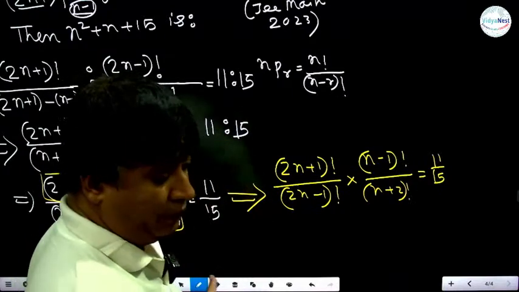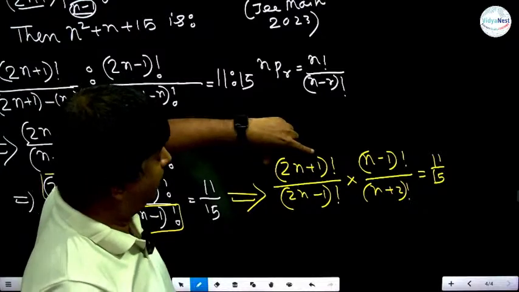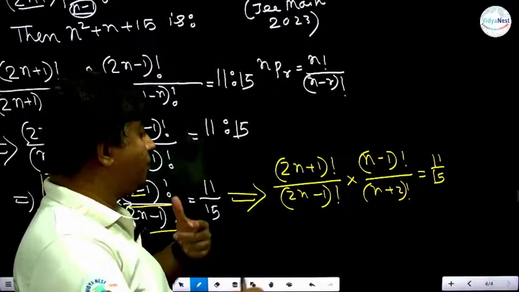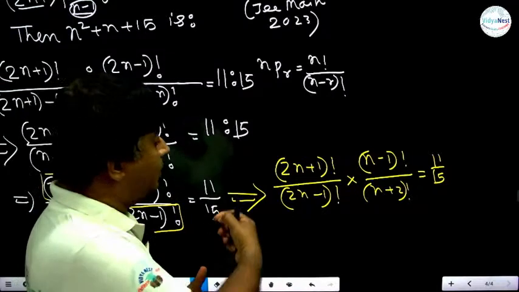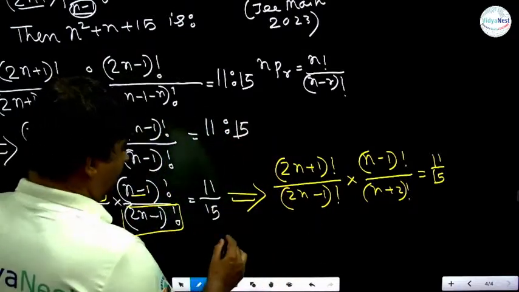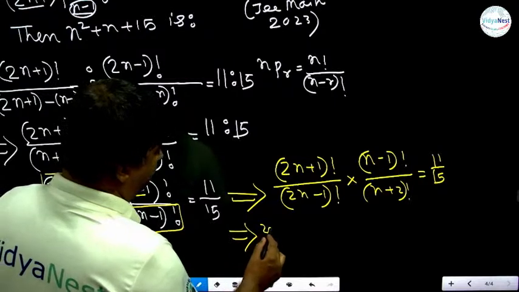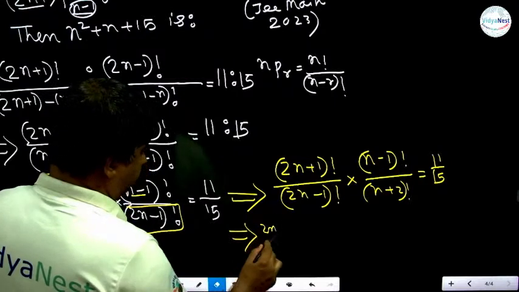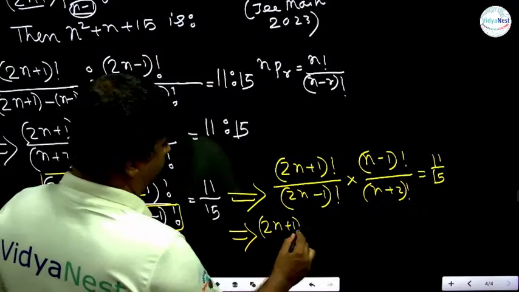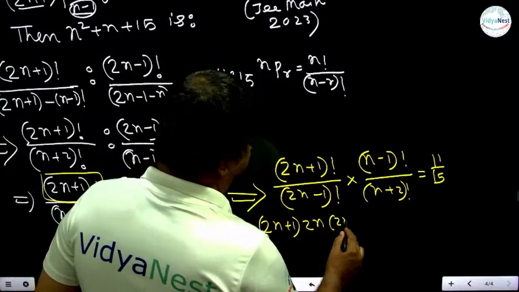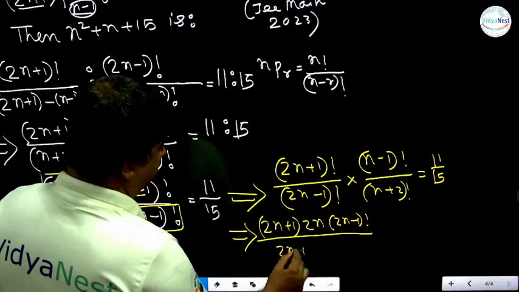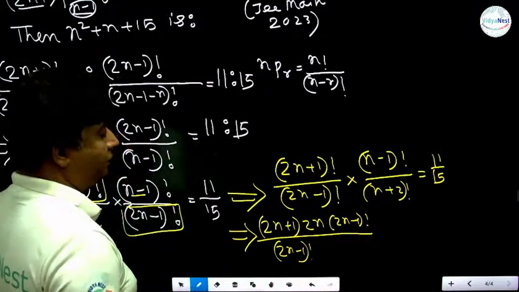Obviously 2n plus 1. So I can factorize 2n plus 1 and reduce to this factor. You see, observe: 2n plus 1, 2n, 2n minus 1 factorial. In denominator also 2n minus 1 factorial.